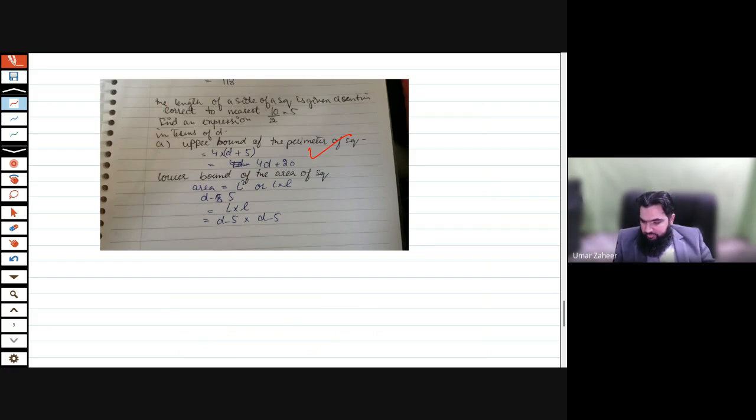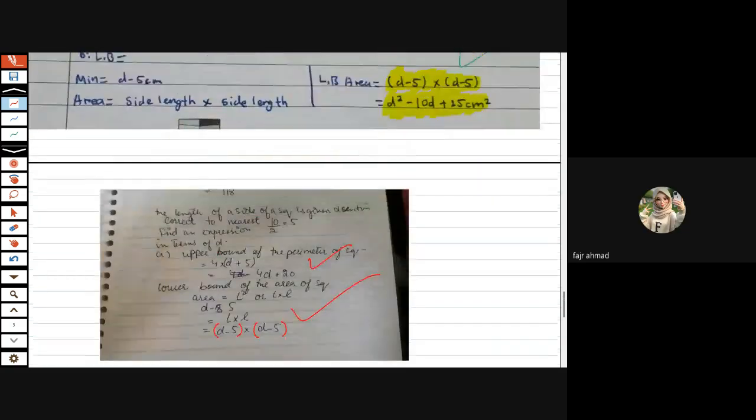Okay, you must rewrite the bracket, okay? Because if you write the bracket, it means that d minus 5 as a whole is multiplied with d minus 5. If you do not write the brackets, this means that only 5 and d are multiplying. Okay, and that's correct.